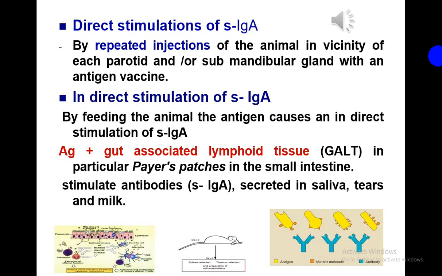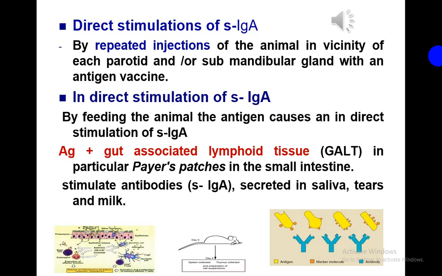Again, this injection will lead to stimulation of secretory immunoglobulin A. Another method leads to indirect stimulation of secretory immunoglobulin A by feeding the animal the antigen, and the antigen will come in contact with the gut-associated lymphoid tissue in the small intestine.